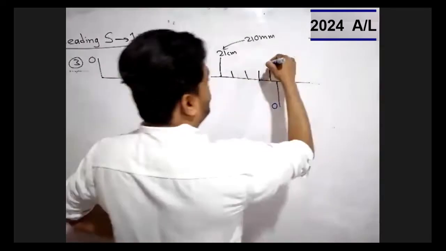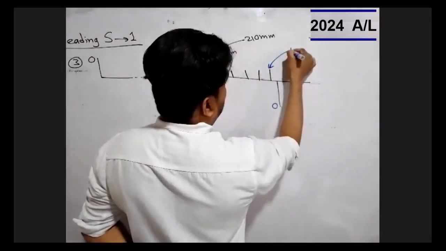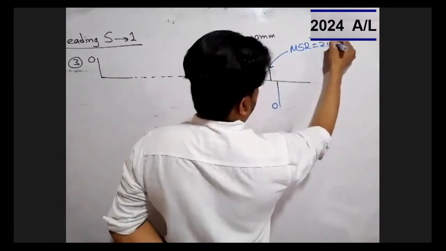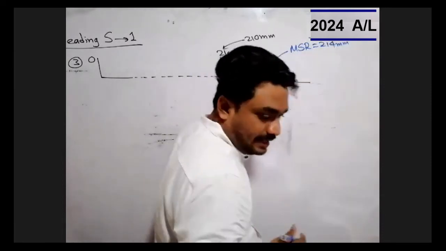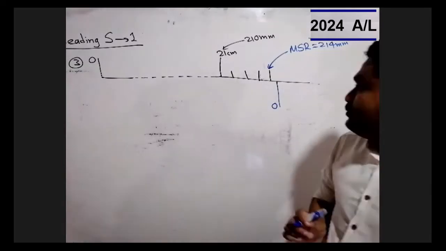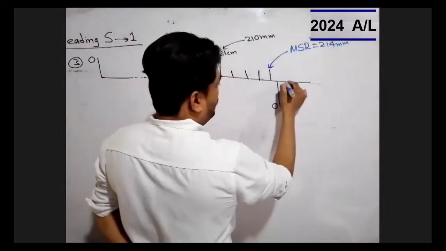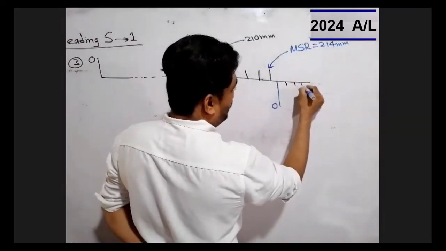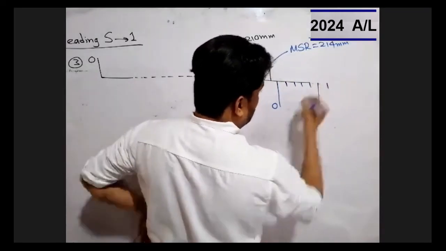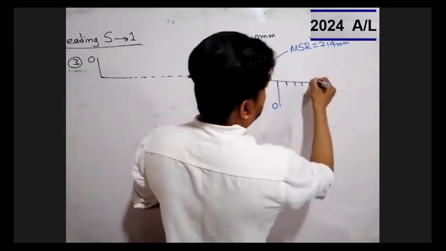So this is said to be the main scale reading, that is the 214 millimeter line. The coincide number is 6? No, 5. The coincide vernier number is 5. 1, 2, 3, 4, 5. 6 is also there, but 5 is the coincide number.